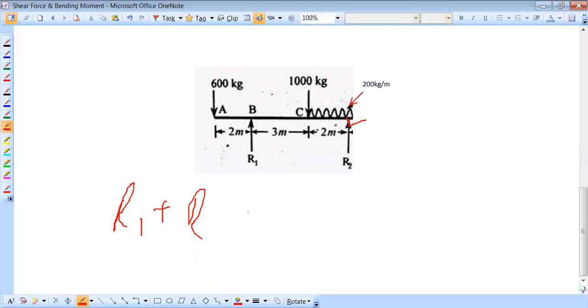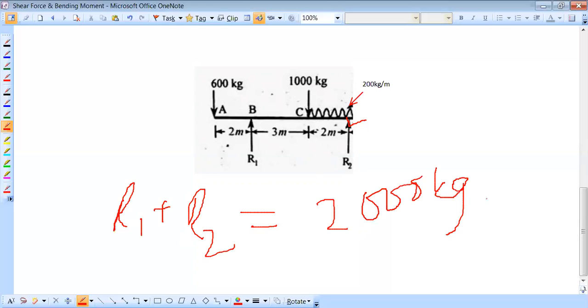The point loads are 600 kg and 1000 kg, that means 1600 kg, and the UDL is 200 kg per meter over 2 meters, that means 400 kg. So 1600 plus 400, that means 2000 kg total load.